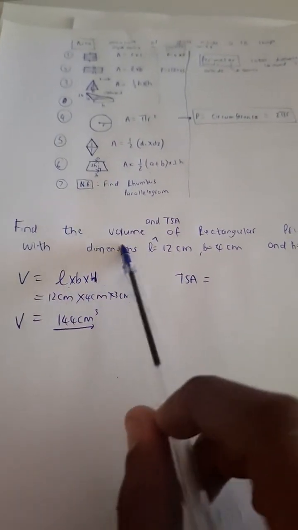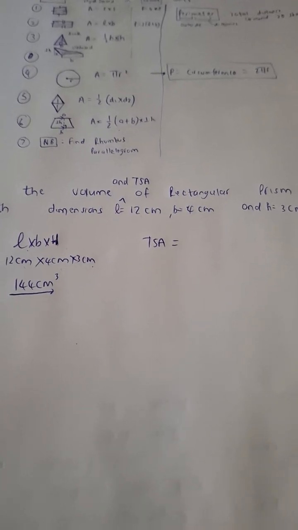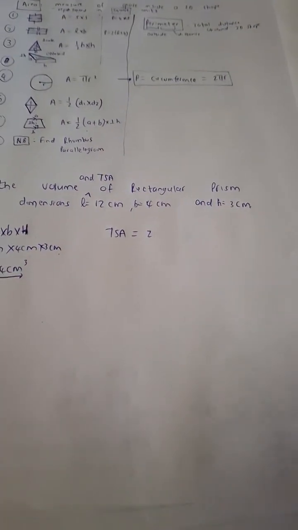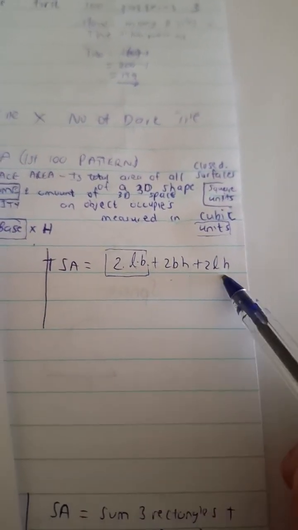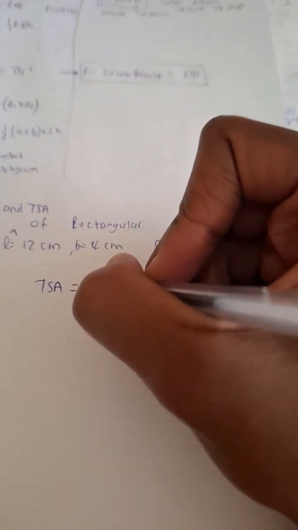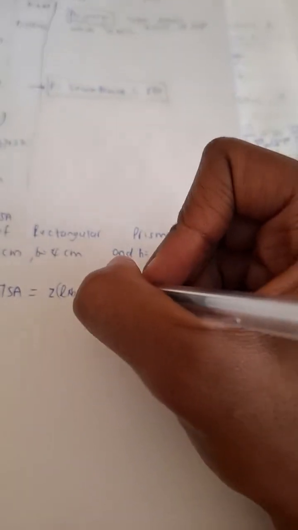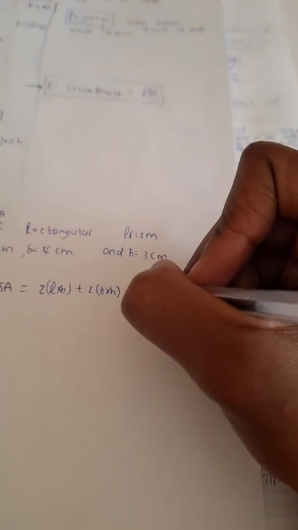Total surface area. Let us remember that this is a rectangular prism, so the assumption is that because we have not been told any other additional information, we can use the formula: 2 length times breadth plus 2 breadth times height plus 2 length times height.